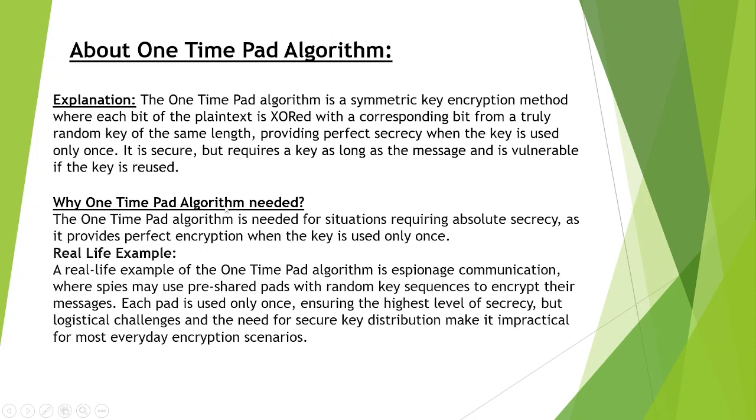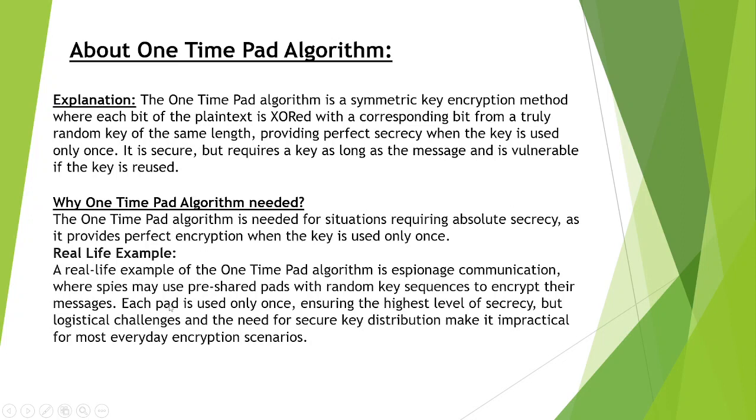The one-time pad algorithm is needed for situations requiring absolute secrecy, as it provides perfect encryption when the key is used only once. And we also have a real life example. A real life example of the one-time pad algorithm is espionage communication, where spies may use pre-shared pads with random key sequences to encrypt their messages.